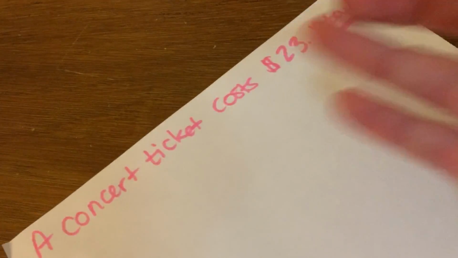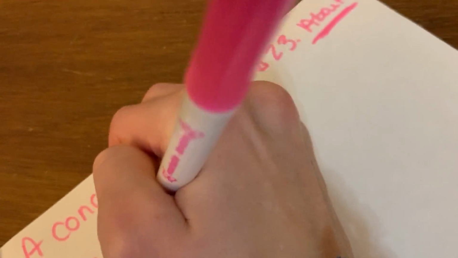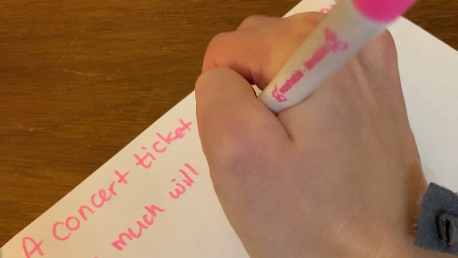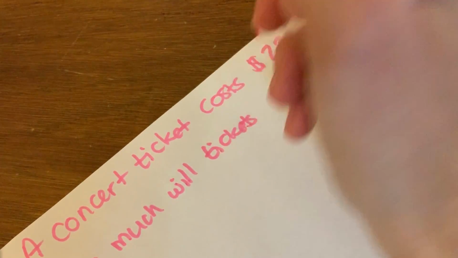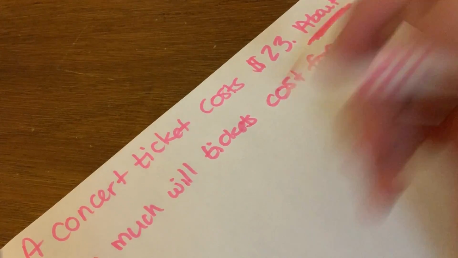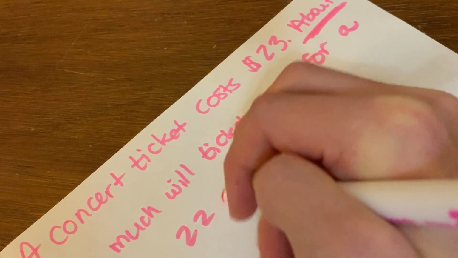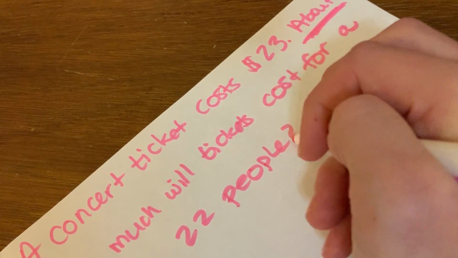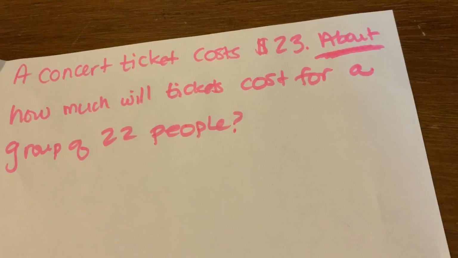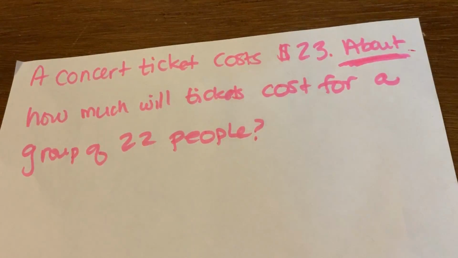About how much will tickets cost for a group of 22 people? So right here, we're saying a concert ticket costs $23. About how much will tickets cost for a group of 22 people? Go ahead and see if you can figure that out.